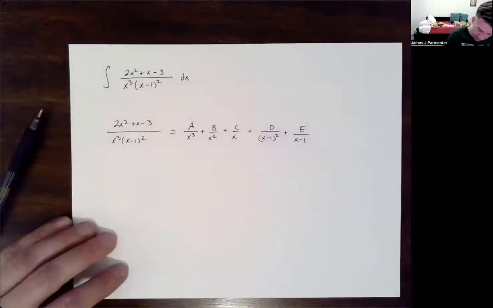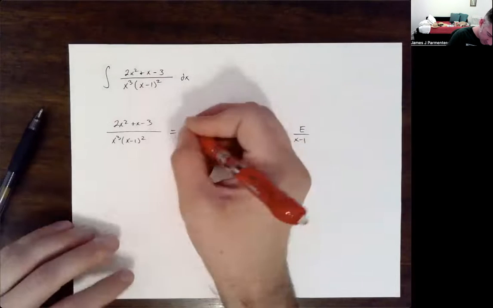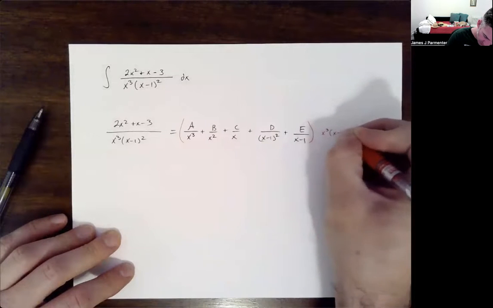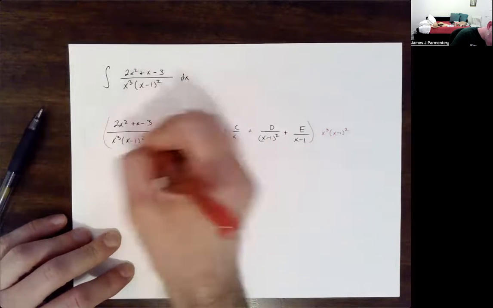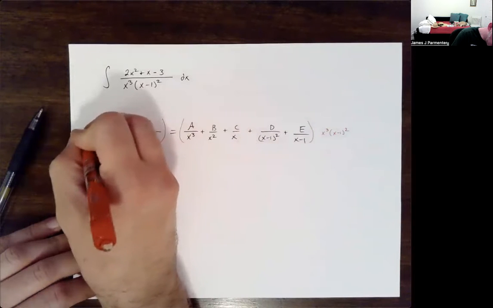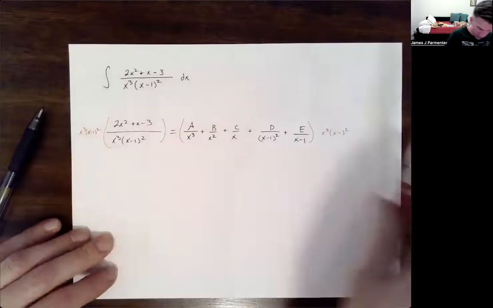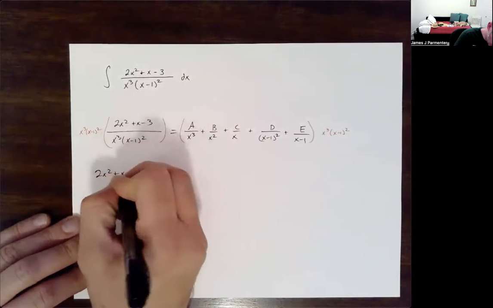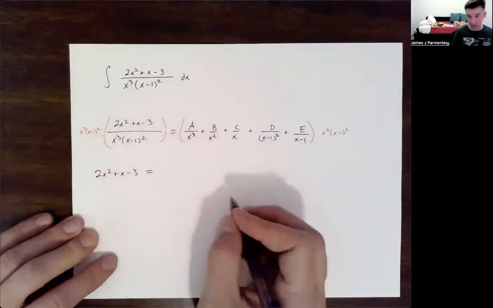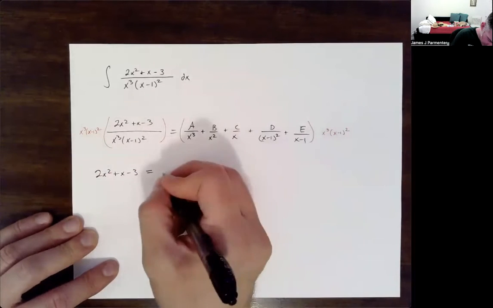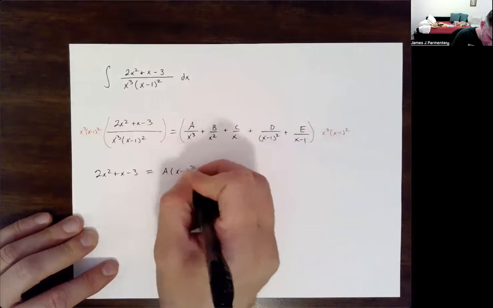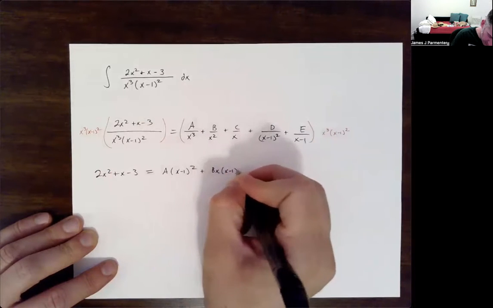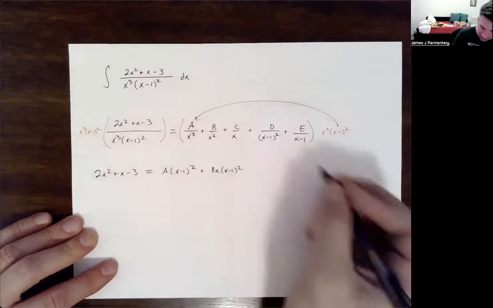Multiplying both sides by the common denominator, which is x cubed times x minus 1 squared, we know on the left-hand side we're just going to end up with the numerator. So we're going to get 2x squared plus x minus 3. On the right-hand side, it's going to be a little bit gross. You're going to get a times x minus 1 squared plus b times x times x minus 1 squared, because when you multiply times that, the x cubed cancels.